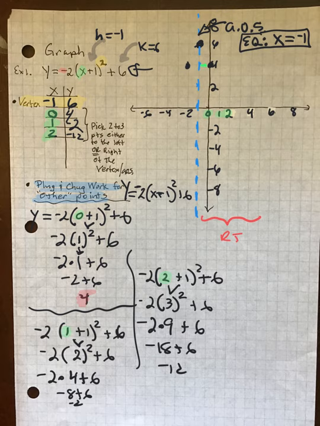And then 1, 2 would be plotted right there. Notice that is 2 units away from the axis of symmetry. So if I folded that paper, wouldn't it land 2 units on the other side, right? Because it has symmetry. And then we have 2, -12, which is kind of off. So let's see, -10.